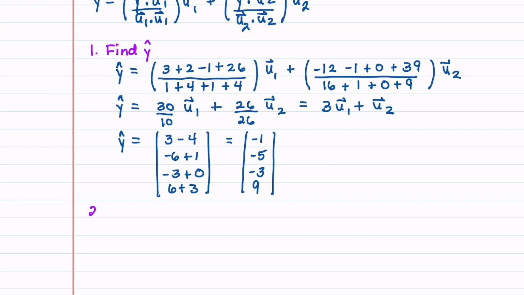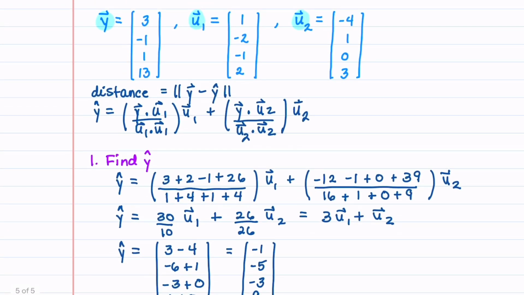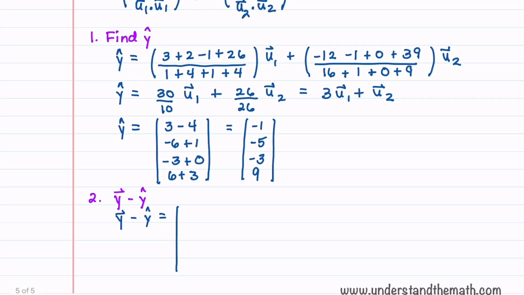The second step that we're going to do is find y minus y hat. I always think it's easier if we do that in-between step before we calculate the magnitude. So y minus y hat is going to be our vector y. Let's look back up. 3, minus 1, 1, 13.